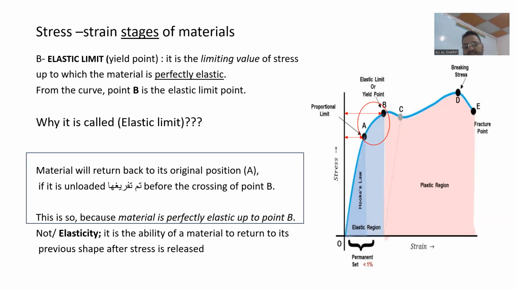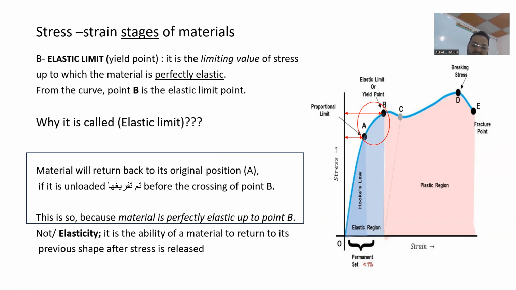Here, let's move from the proportional limit to the elastic point. What is the difference between them? What is happening? At first, it's clear the stress is increased more than at the proportional point, with a little more increase in the strain, but it's still in the elastic region.